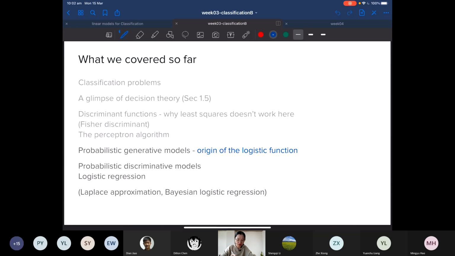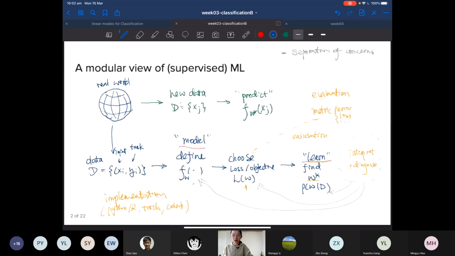I don't know why this is not showing, but we're not covering Laplacian Bayesian logistic regression.